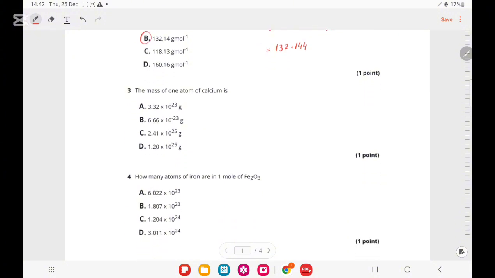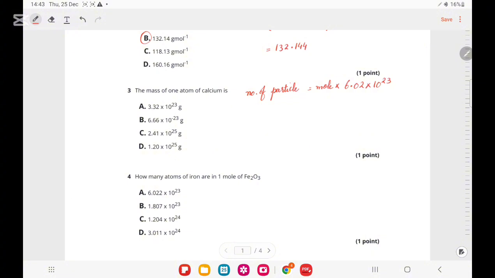So in the next question, we have to find the mass of one atom of calcium. So here they have given us the number of atoms. So you remember the formula, which is number of particles is equal to mole times Avogadro's number. So here they have given us the number of particles, which is atom here.